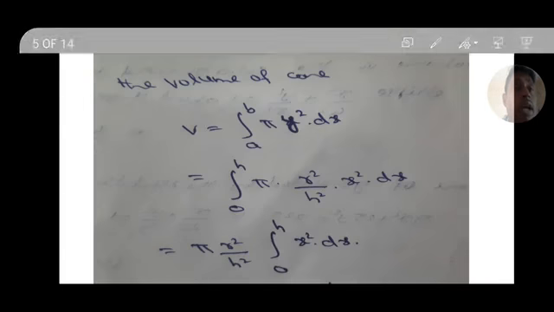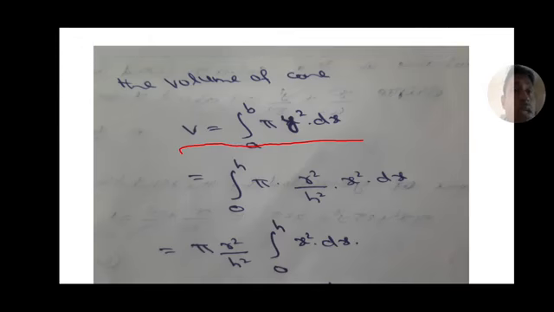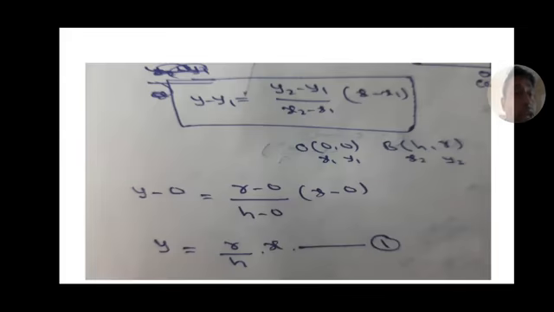The required volume formula is integration a to b pi into y square dx. So the limits are 0 to h, because it is from 0, 0 to h, 0. Pi into y square, where y is r by h into x.